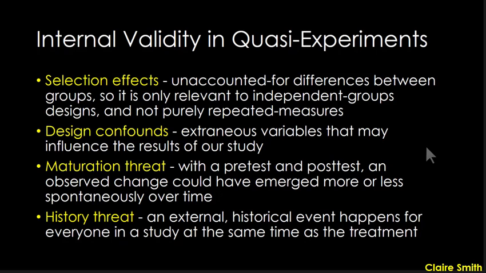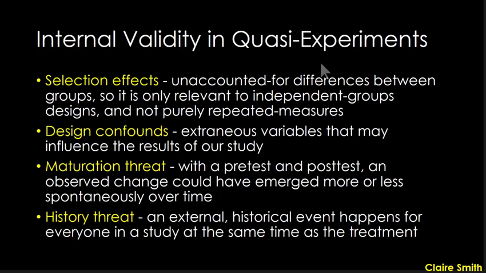I would recommend in your notes going through and making sure you have a good definition of all of these from previous chapters. And then basically we're just applying stuff we already know to quasi experiments. So it should be pretty straightforward if you already know it, just being able to look at the different type of internal validity threat or whatever it may be and apply it to some sort of quasi experiment.